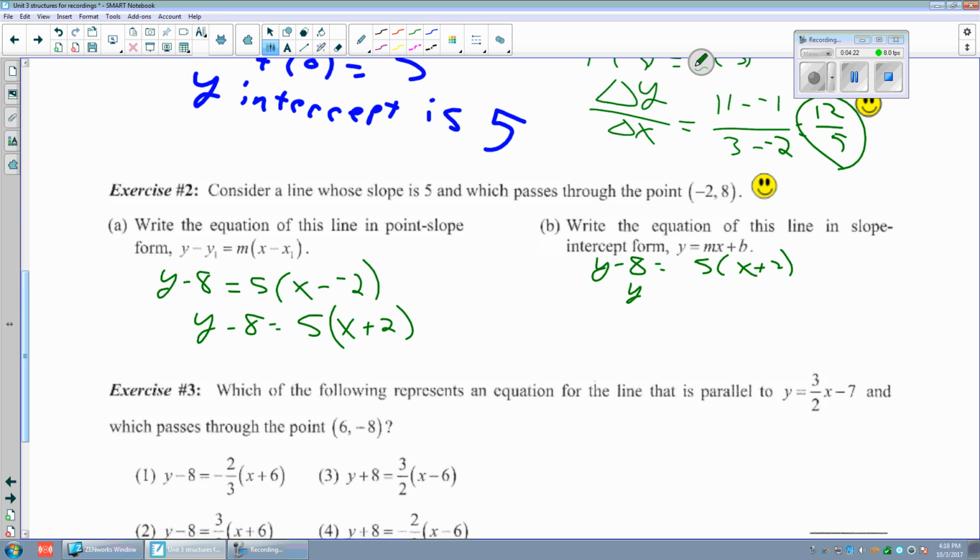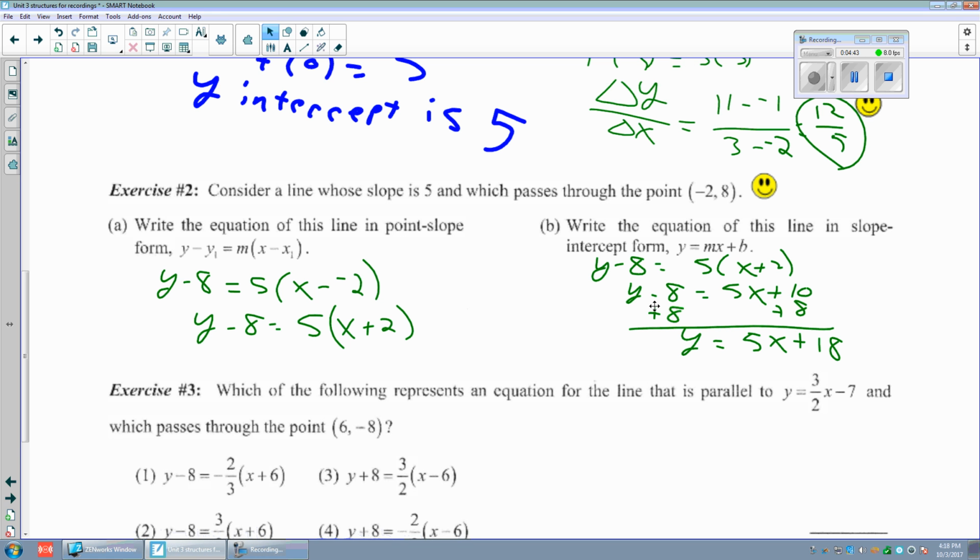I think I'm going to distribute. y minus 8 is 5x plus 10. I want the y by itself. y equals 5x plus 18. There it is, y equals mx plus b form.